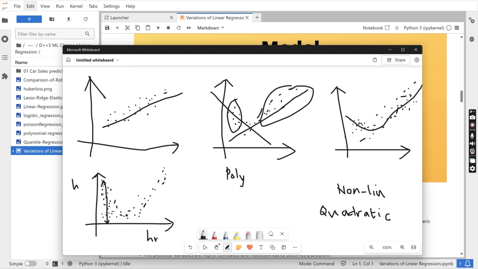I'm sorry, I think the relationship is like this, the data points are like this. So their happiness is lower when they work very few hours, because then they would have some guilty feeling or something.